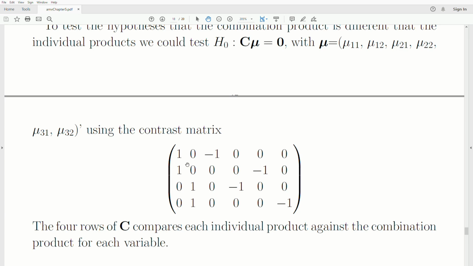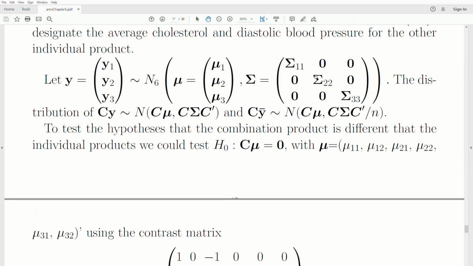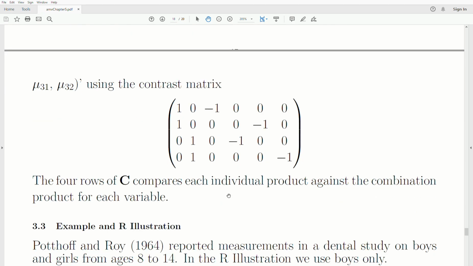Then it's population 1 compared with population 3. So it's comparing cholesterol with the combination product against each single drug product. Then it does the systolic blood pressure against each of the other components. And we can test this. And what it does is it encompasses all the covariance structures associated with the two measurements.